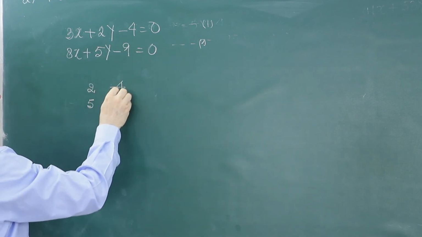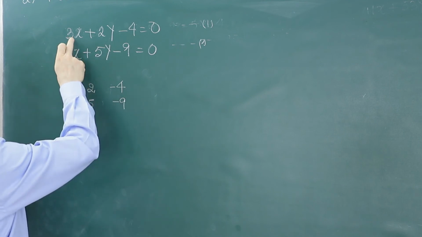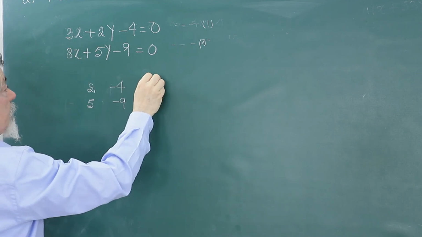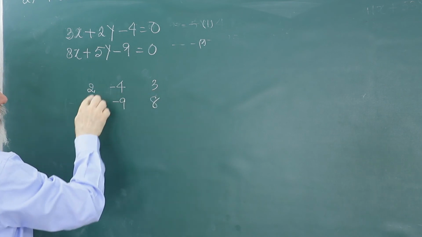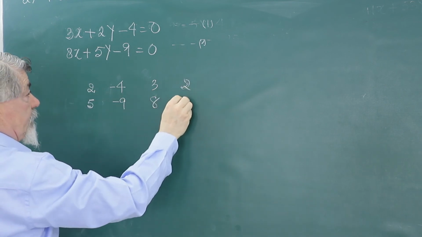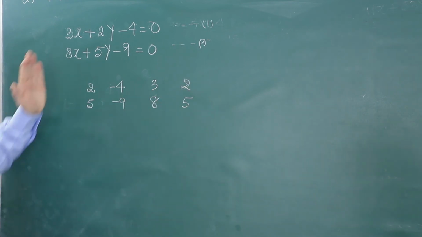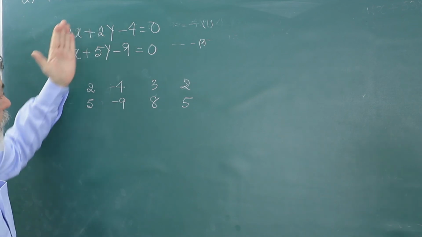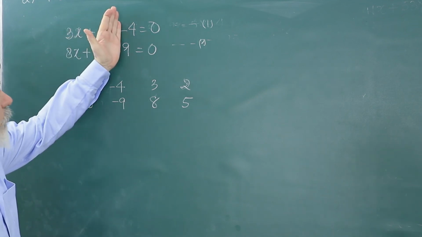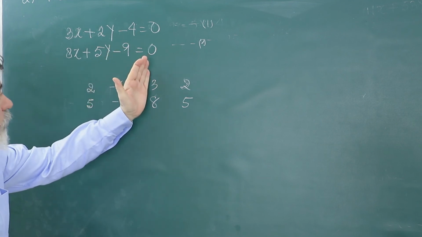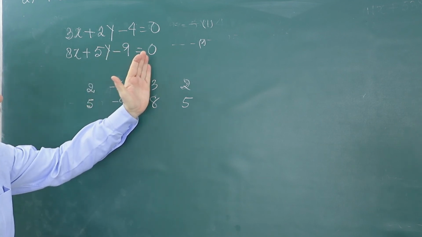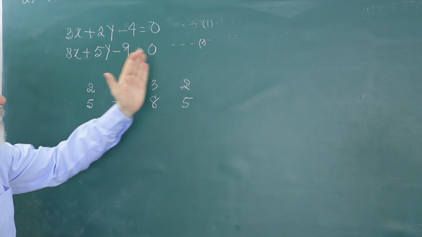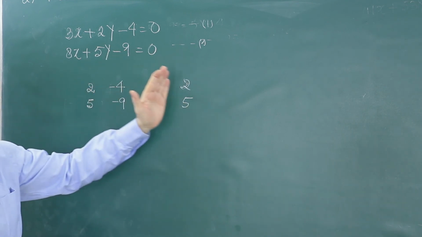Minus 4, minus 9. Then the coefficient of x, 3 and 8, and close it with the same 2, 5. We write the coefficient of y, then the constant term, then the coefficient of x, and then again close it with where we started from.